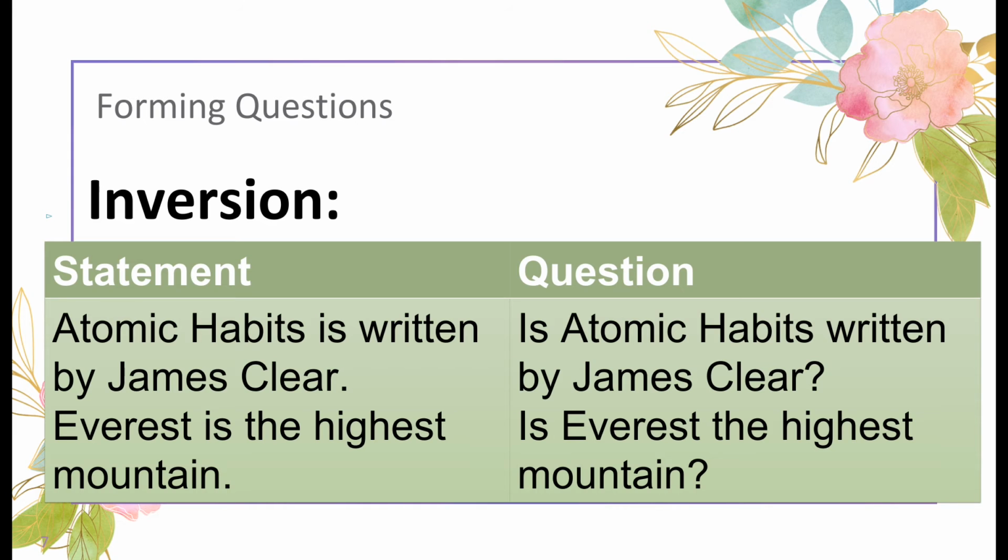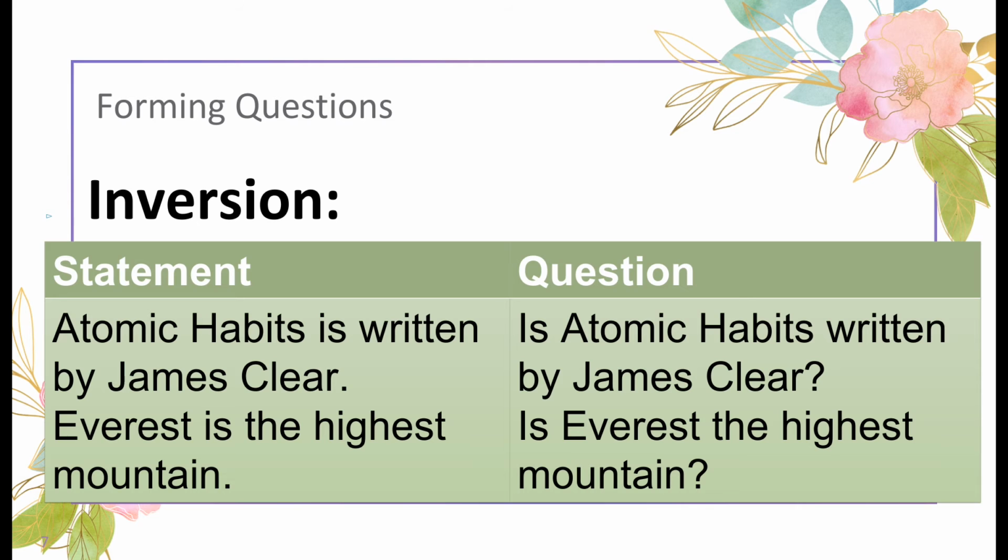In this sentence, Atomic Habits is the subject, is written is the verb. And what we do is that we swap the position of the helping verb and the subject to form the question. And this is what is inversion. So Atomic Habits becomes, Is Atomic Habits written by James Clear?